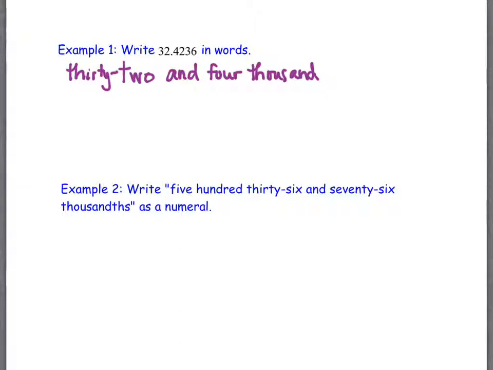Sorry, not a comma. 200 and 36, and 36 does have a hyphen between it. And then what we say is we say the location where the 6, that is our last non-zero value, actually falls. What decimal location is that? 10,000ths. So then we say 10,000ths.